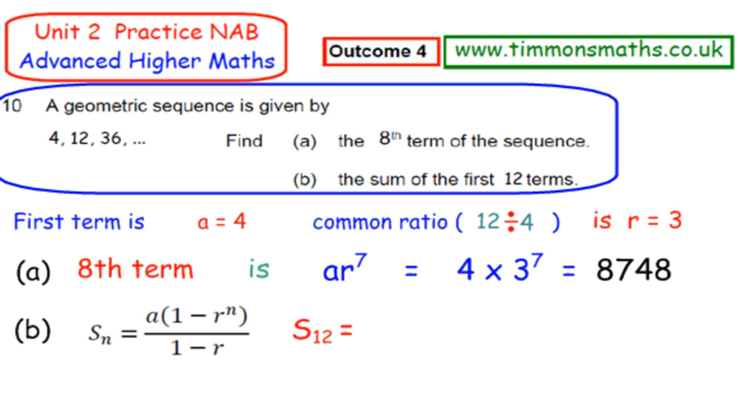So S12 will be equal to 4 bracket 1 minus 3 to the power of 12 divided by 1 minus 3. And this works out to be 1,062,880. And that will be the sum of the first 12 terms of this geometric sequence.